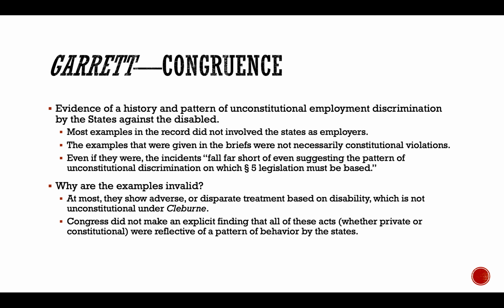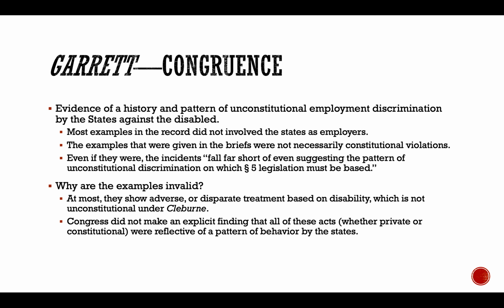But one of Justice Breyer's points in his dissenting opinion is that there is evidence of widespread discrimination throughout society generally. And as he says in the excerpt that we have here, Congress could assume that there's no reason to think that the states were somehow exempt or didn't partake in this widespread discrimination.